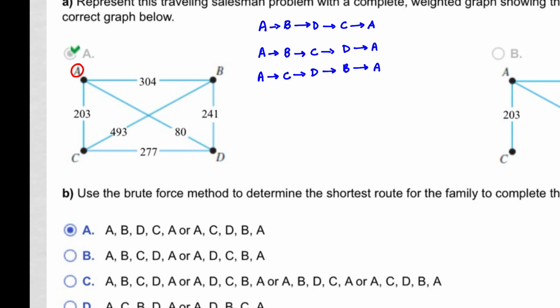And let's see, I can again go to C, and then to B. Write this down. A to C to B, and then to D, and then to A.